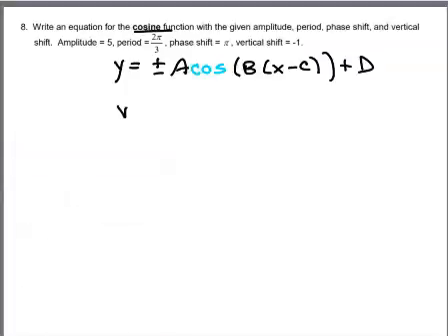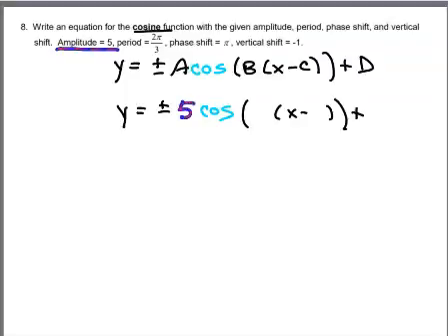So I'm going to put the plus minus, the cosine, the x, and we're going to fill in and simplify. So the amplitude is 5, so that amplitude just goes right there. I'm going to wait with the period.